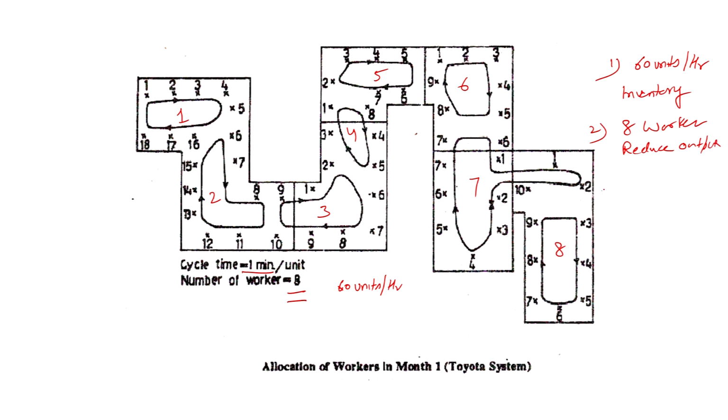Third option is to reduce the workers and reduce the output also. And the workers which you are reducing can be used for some other purpose. They may be painting of the pipes or learning new skills. You are not laying them off, but they can be deployed at some other place. There may be high demand in certain areas.